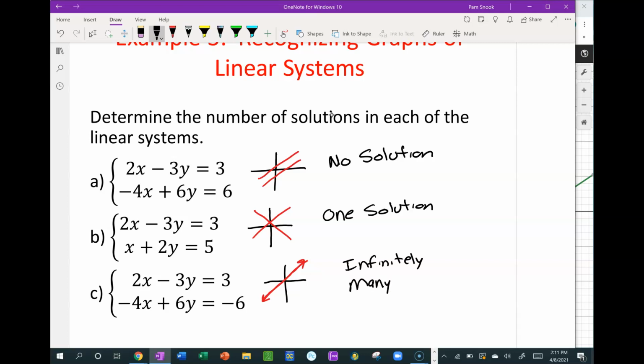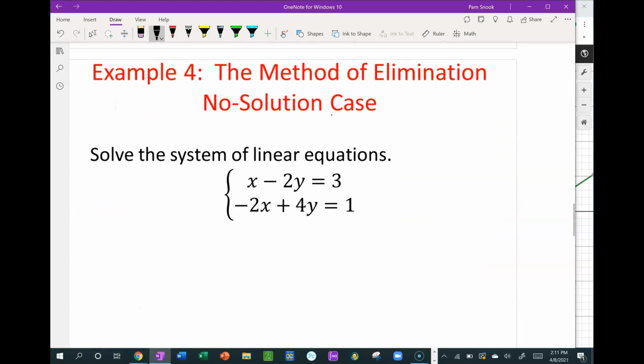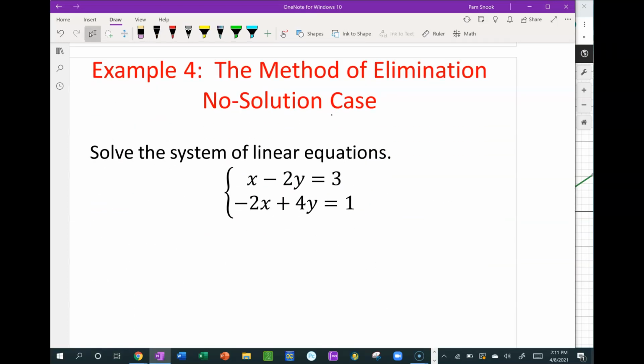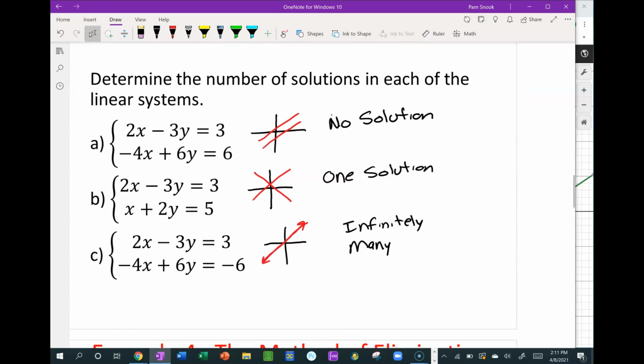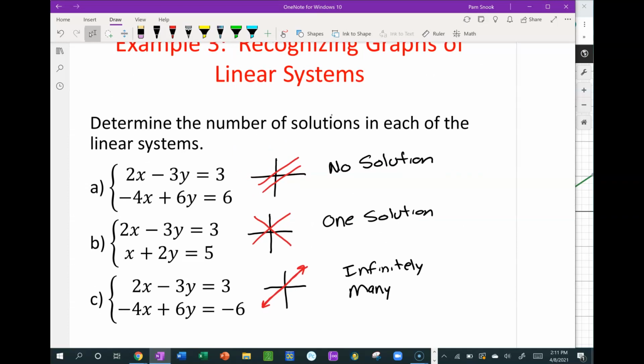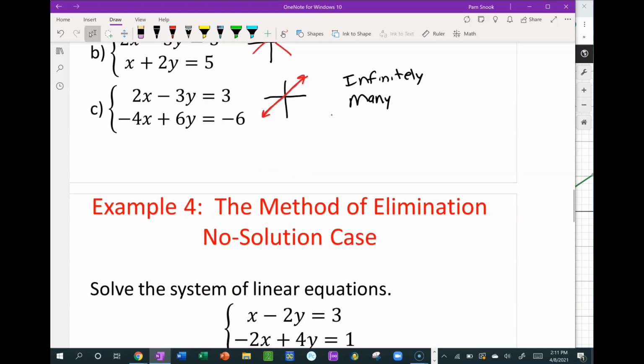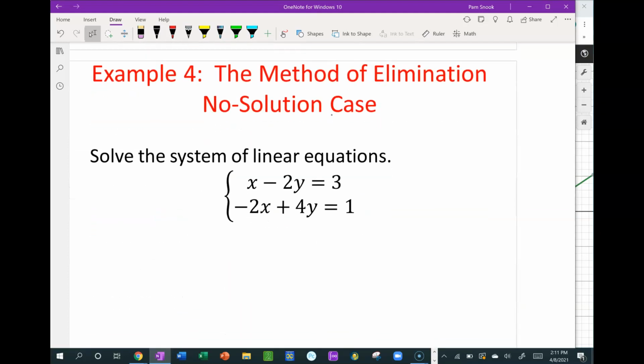All right, the next one we're going to do is method of elimination for the no solution case. So these two equations, if I was to graph them, they should look like two parallel lines like we had in example A. So let's see what happens when I do it by elimination. So I'm looking at my x, and my coefficient in front of x in equation number 1 is an invisible 1.